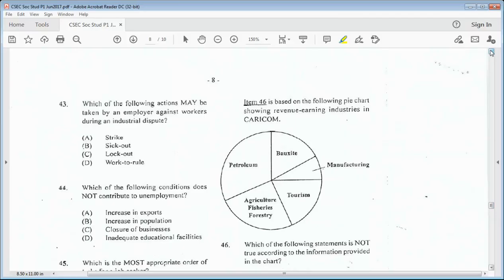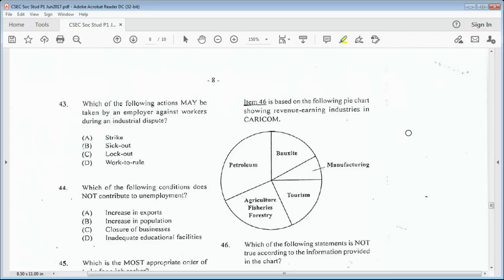Which of the following actions may be taken by an employer against workers during an industrial dispute? A, strike. B, sick out. C, lockout. D, work to rule. Well, it says employer. Strike, so who can strike? The employee can strike. B, sick out.